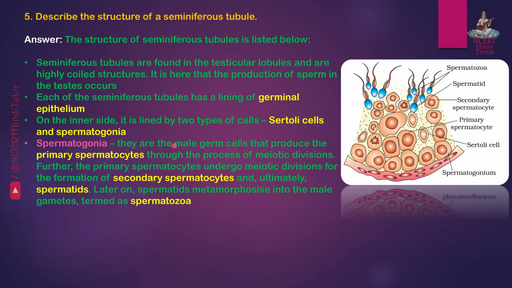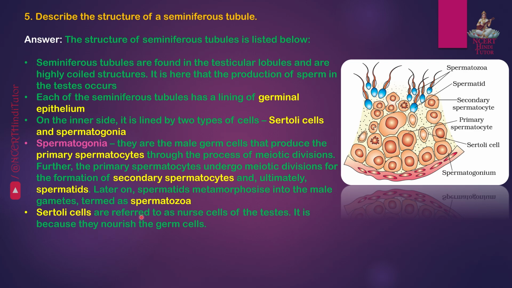Spermatogonia are the male germ cells that produce the primary spermatocytes through the process of meiotic divisions. Further, the primary spermatocytes undergo meiotic divisions for the formation of secondary spermatocytes and ultimately spermatids. Later on, spermatids metamorphose into the male gametes termed as spermatozoa.